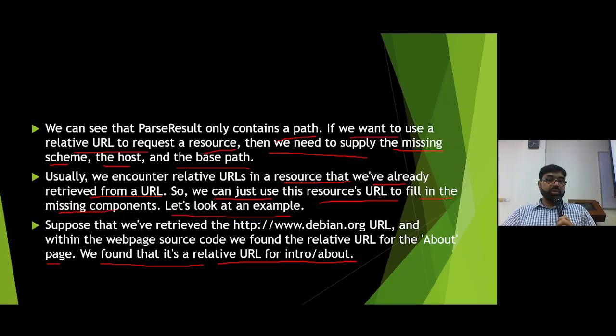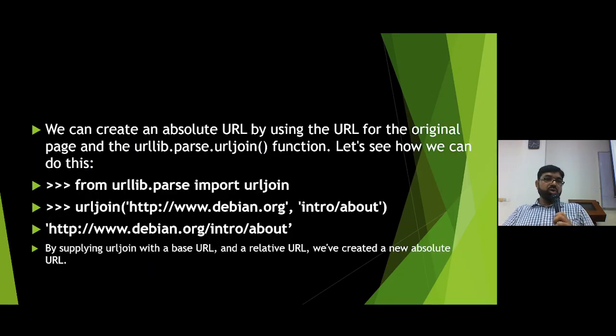So we are discussing this website debian.org, and we found a page which is the relative URL intro/about. Now urllib should combine them, otherwise that URL will be invalid. We can create an absolute URL by using the URL of the original page with the urlparse urljoin function. Let's see how it does so.